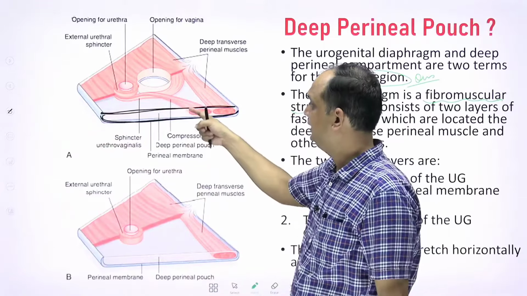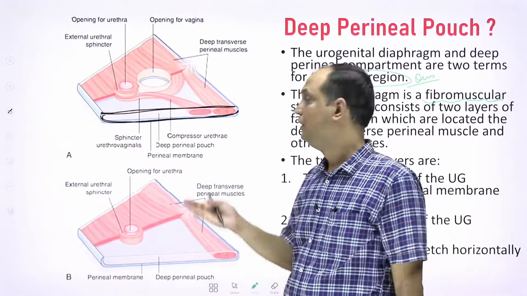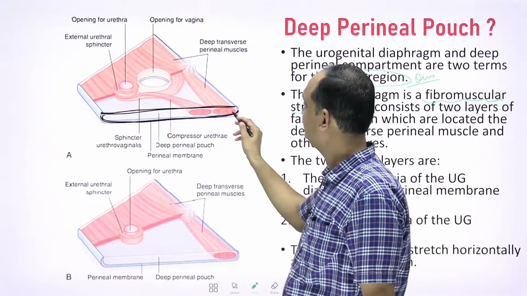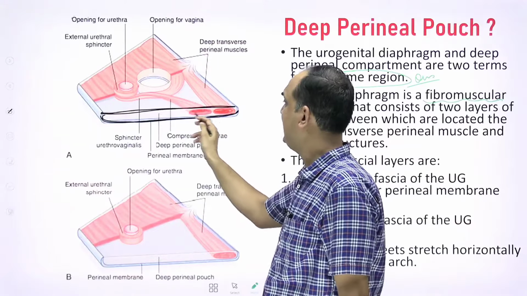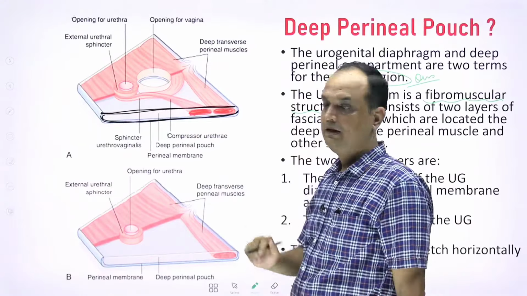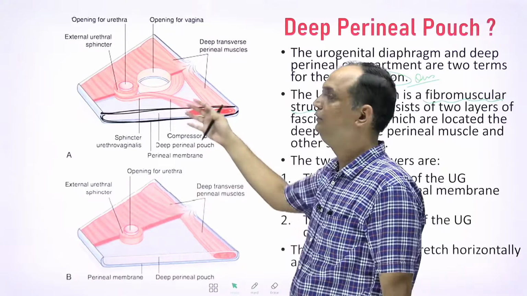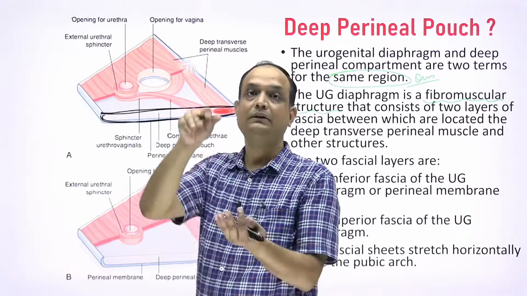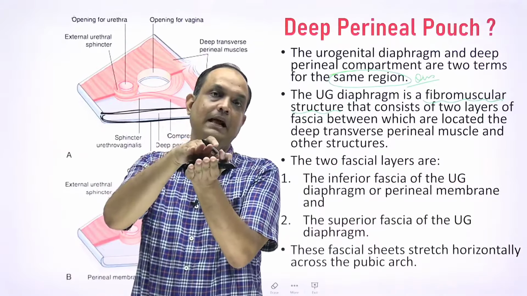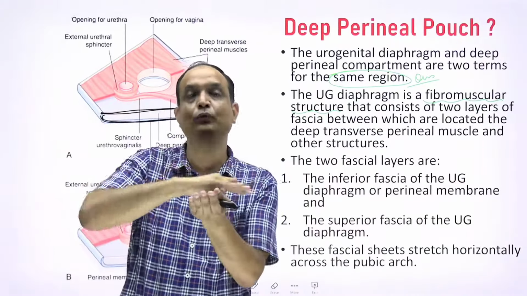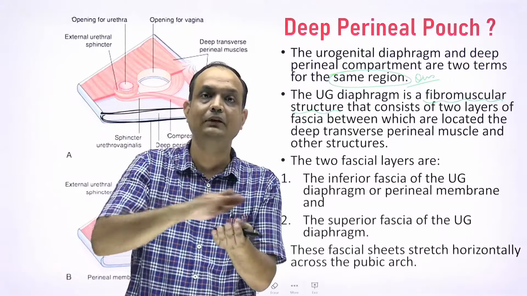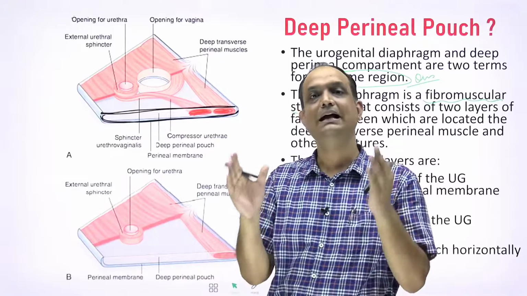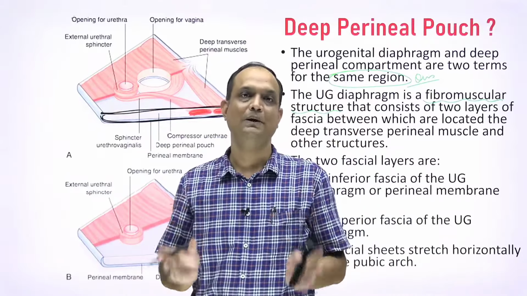Between these two layers, in a sandwich-like arrangement, muscles are present, filling the gap between the two layers. In both male and female, muscles are present between the two fascial coverings, and these muscles between the two fascial coverings I label as the urogenital diaphragm, or the deep perineal pouch.